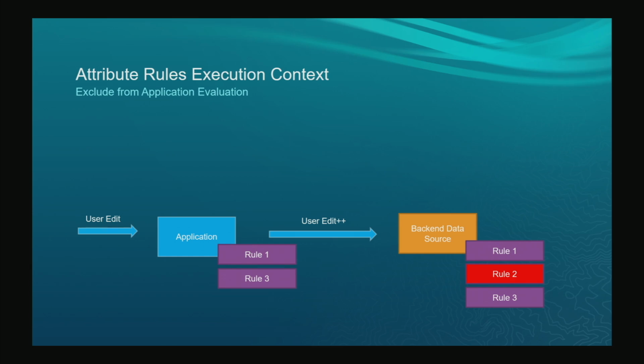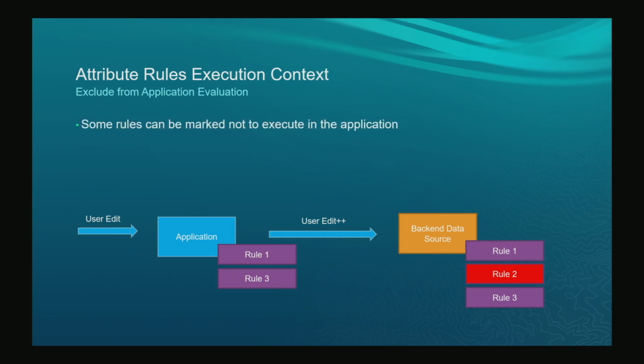An example is sequences. If you deal with database sequences and you download this rule all the way to the application, there is no such thing as a database sequence, especially if you're behind a service. So some rules need to be excluded from application evaluation, and that's rule 2 in that example.